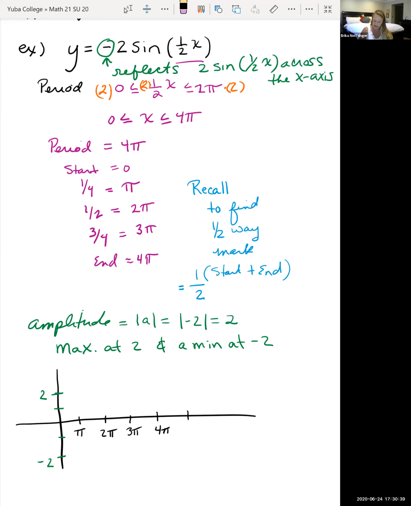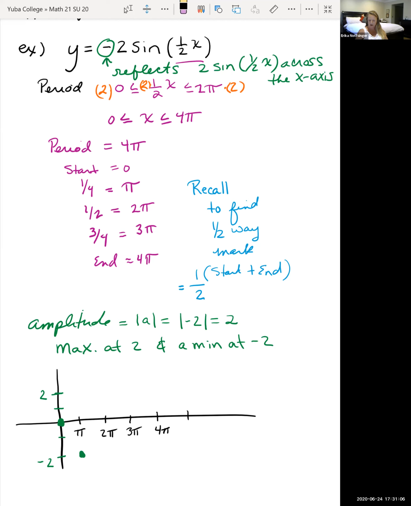Transformations of graphs. This is a sine function. Sine normally starts at the origin, and we didn't have any vertical shifts. We're not doing that yet. And so I'm going to start at the origin. I know my start point is 0, and I'm starting at the origin here. So 0, 0. But instead of hitting my max at pi, I'm going the opposite direction because of that negative. So at pi, I'm going to hit my min, which is -2.